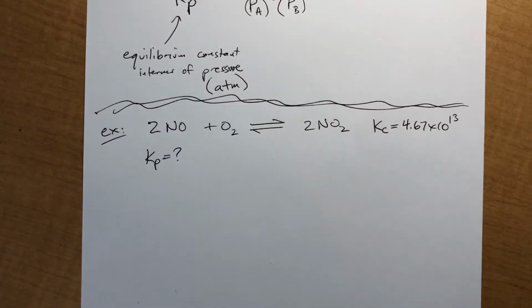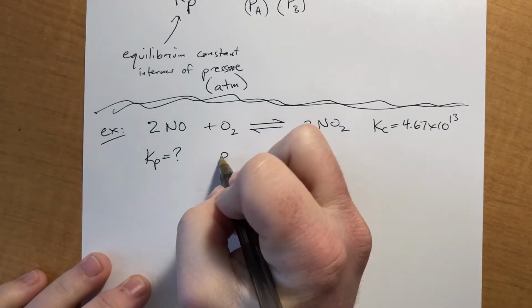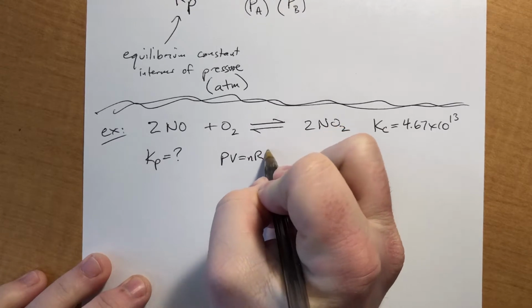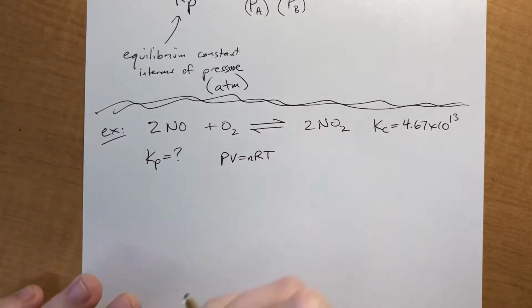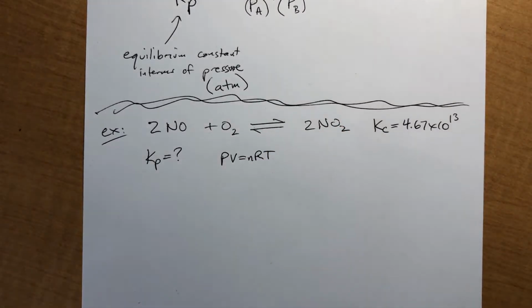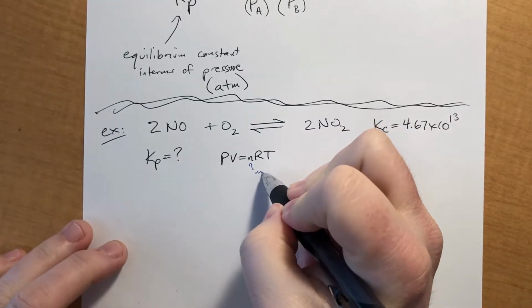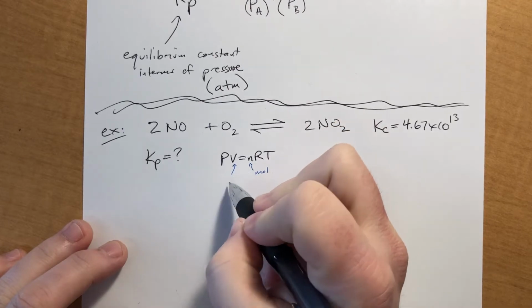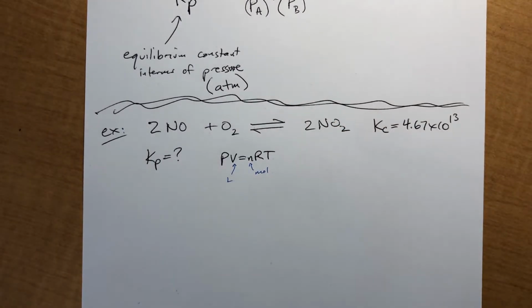Essentially what we need to be able to do is relate molarities to pressures. So, some gas law stuff here: PV equals nRT. I do not need you to sit around doing gas law equations all day long, okay? Pointing out a couple things here: n is moles, and V is volume, usually in liters.